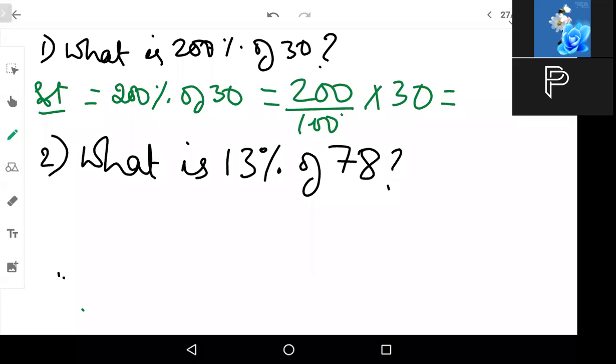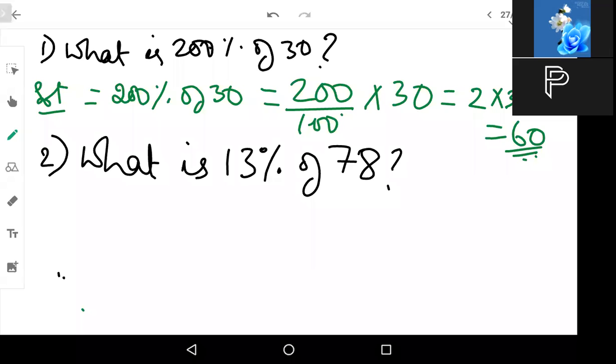Now we have calculators, so it is even easier to find out. In examinations they will not ask you such easy questions. It's just for your understanding of the concept that we are starting with such simple problems. So 200 divided by 100 will give you 2. So 2 into 30, the final answer will be 60.